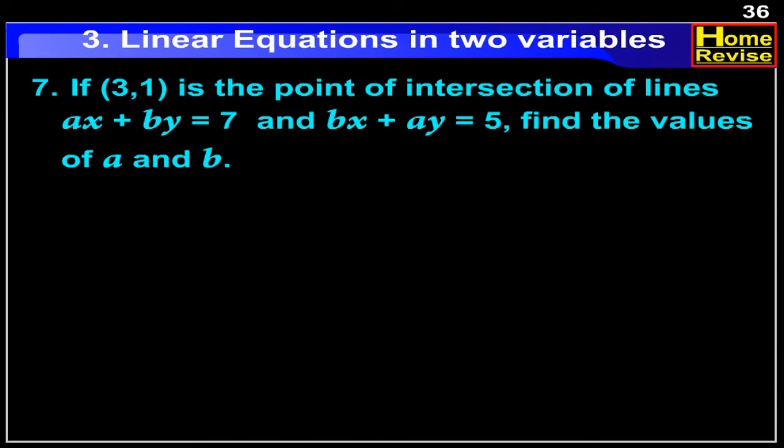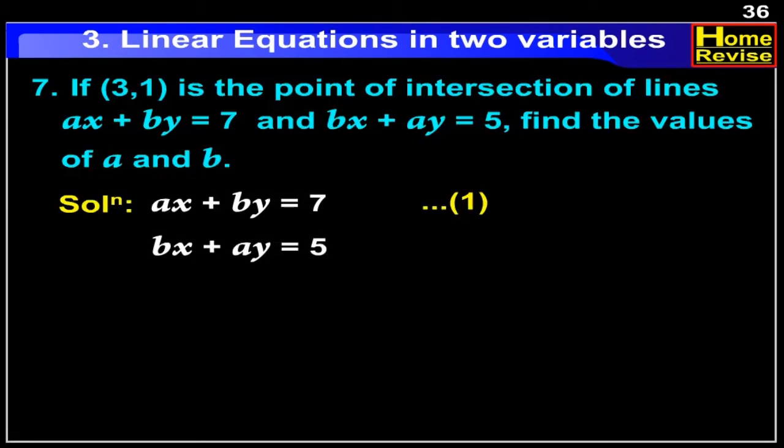If 3, 1 is the point of intersection of lines ax plus by is equal to 7 and bx plus ay is equal to 5, find the values of a and b. Let ax plus by is equal to 7 be equation number 1 and bx plus ay is equal to 5 be equation number 2.